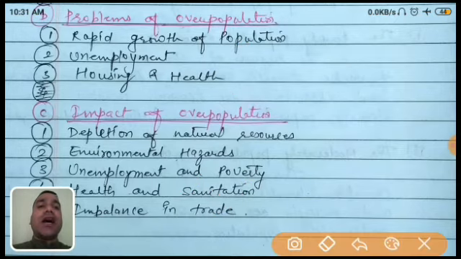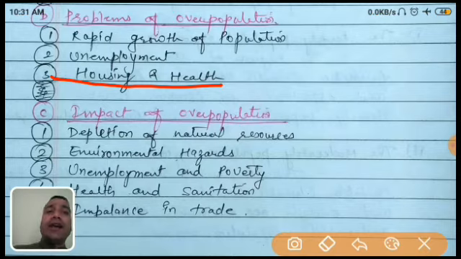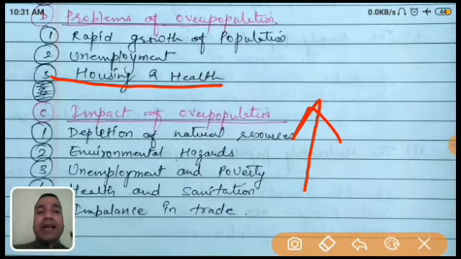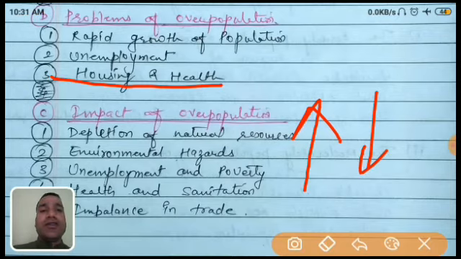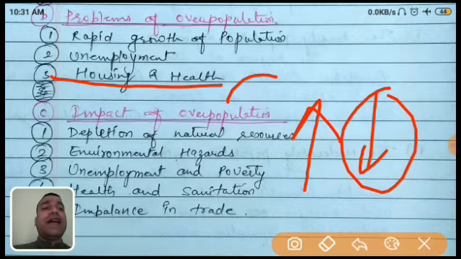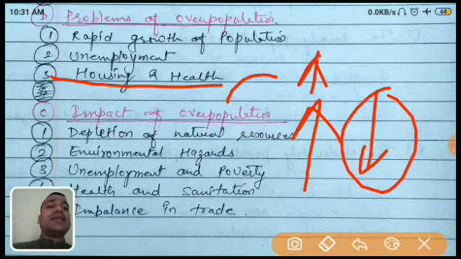Next one is housing and health. Obviously, if the population is very high, the area is less. If the area is less, the property rate is very high, so people cannot easily buy it. So the housing facility is less. Same with health: if they don't have enough money, definitely they are sustaining a very low level of life.